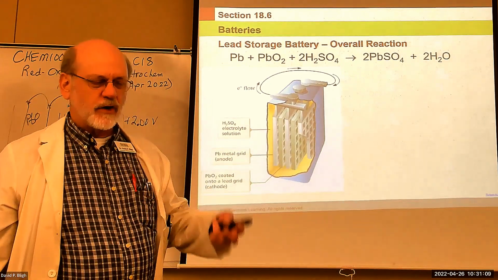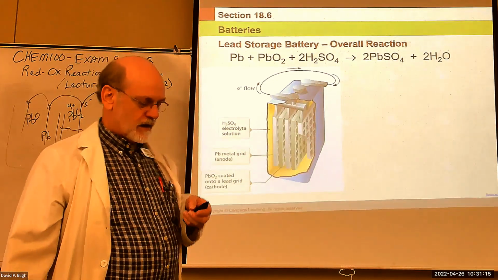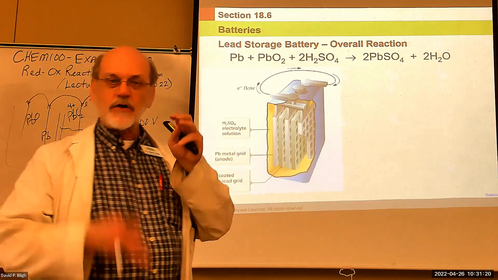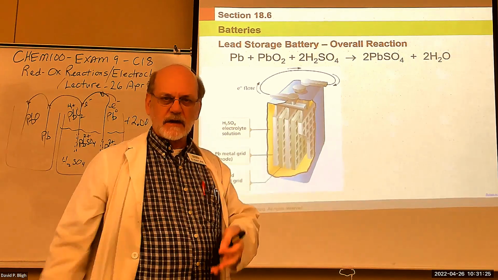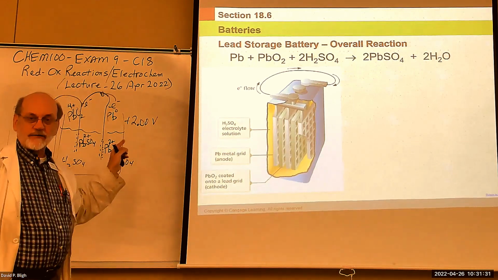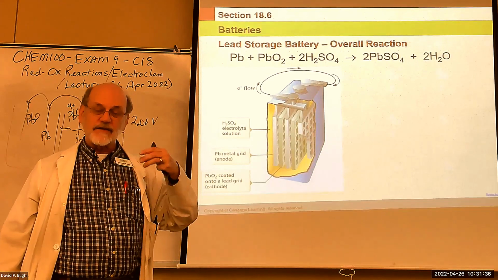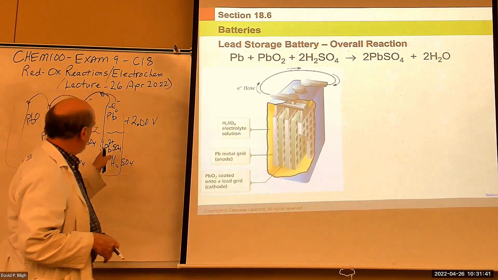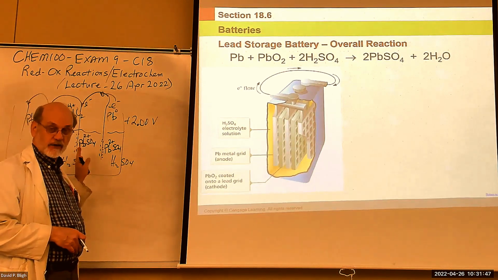And you probably never heard this term, but it used to be pretty common when I was growing up. When a lead battery has reached the end of its life, in other words, it's gone through discharge and recharge hundreds of times, what happens is it gradually builds up that lead sulfate on the surface of the plate, and it leaves enough of it there that it occludes the surface so that no more of this lead can react with sulfuric acid, or no more of that lead oxide can react with sulfuric acid.